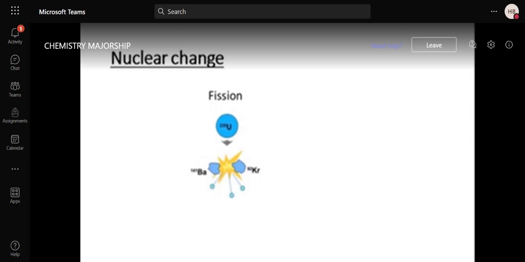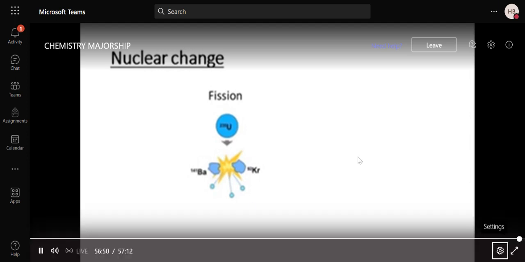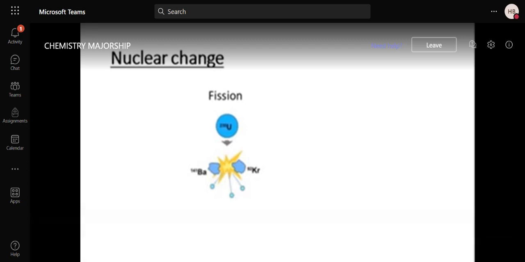So, pag ito ay binombard with radioactive particles like alpha, beta, and gamma particles, in a specific ratio, then these particles can break down uranium into two smaller elements.